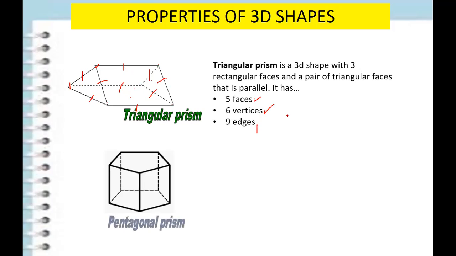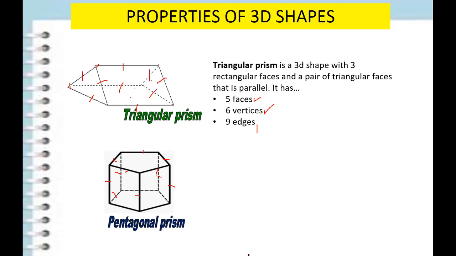Okay, and then the pentagonal prism. You can see that the faces at the top are already 5. So this is 1, 2, 3, 4, 5. The bottom part is 5 also, so 10. Oh, sorry.